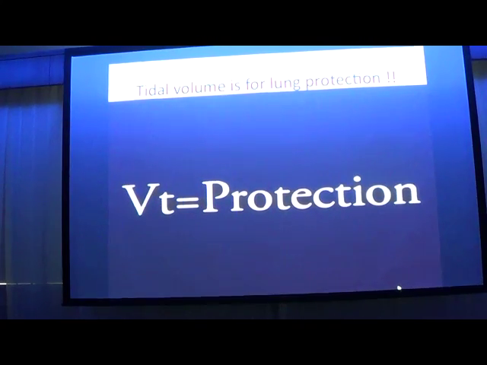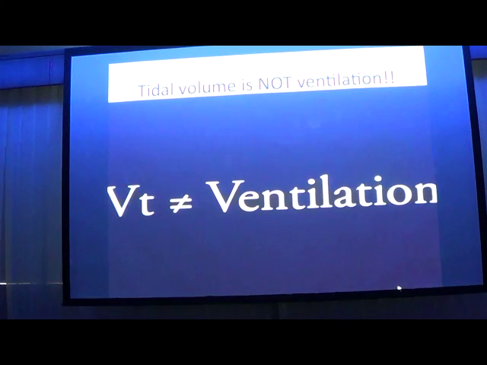Tidal volume is not for ventilation. If this tidal volume is achieving a pressure of more than 30, then your lung is not protected. The only time you touch the tidal volume is when your lung is not protected. So it is always to come down. So tidal volume is never a ventilatory strategy.